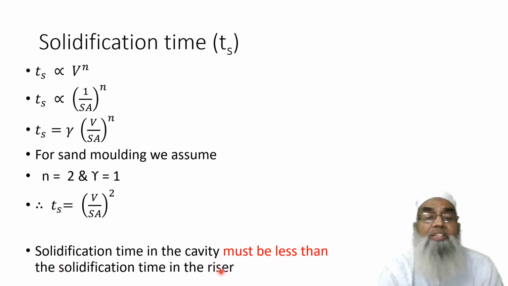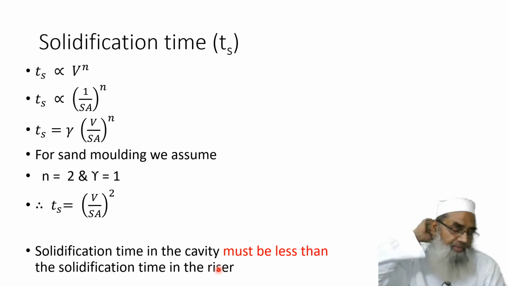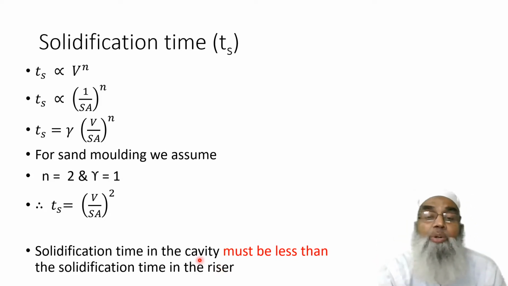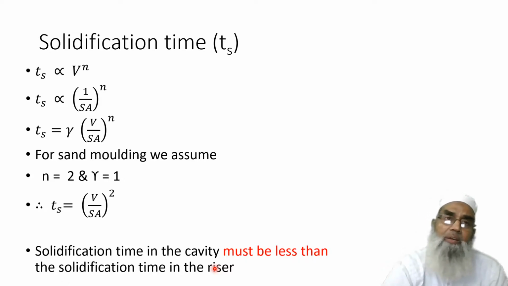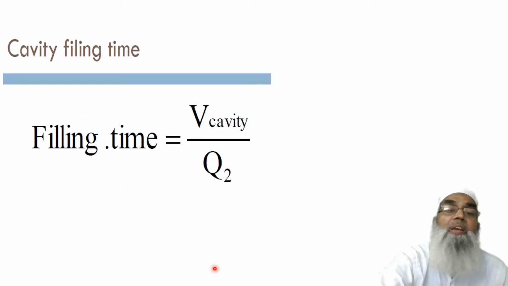If the solidification time in the riser is more, then only will the riser be able to feed liquid material to the mold cavity. Otherwise, if it solidifies earlier than the cavity, then of course it will cease to supply the molten metal to the cavity.